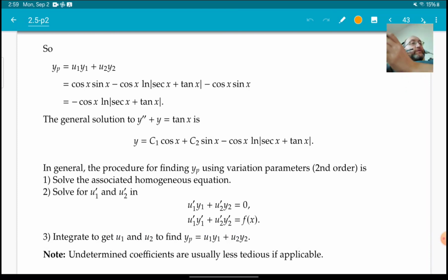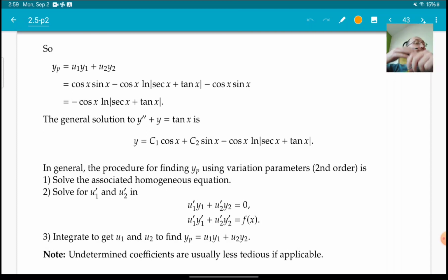Now, the undetermined coefficients technique is usually a little less tedious if you can actually do it. We did a very simple example, but if it's a little bit more complicated, then some of these computations can get harder, and that integration might get harder to do.